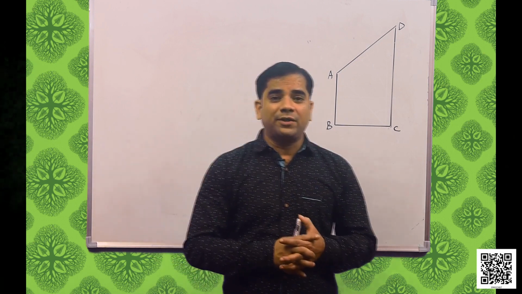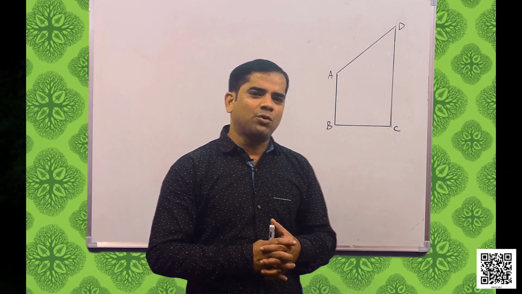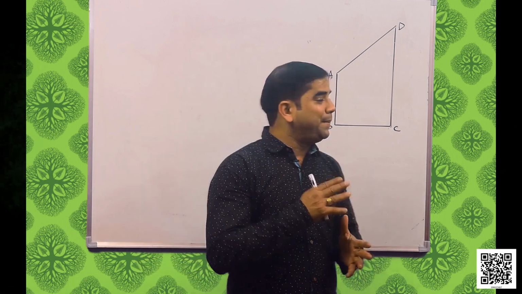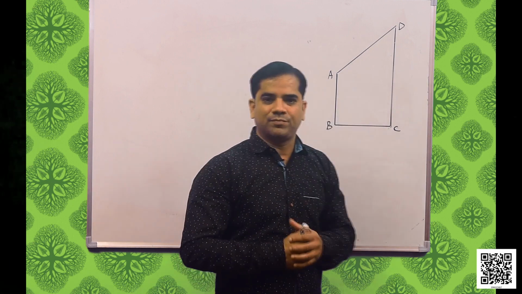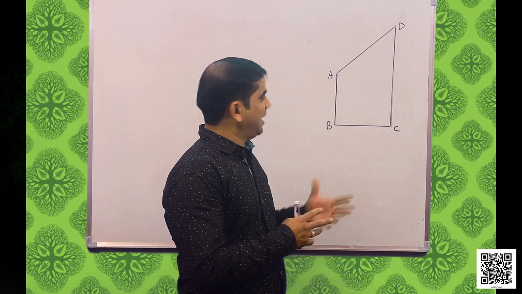For the solution, we need to do a bit of construction. What we have to do? We need to join B and D. Why am I joining? You can clearly understand ahead.